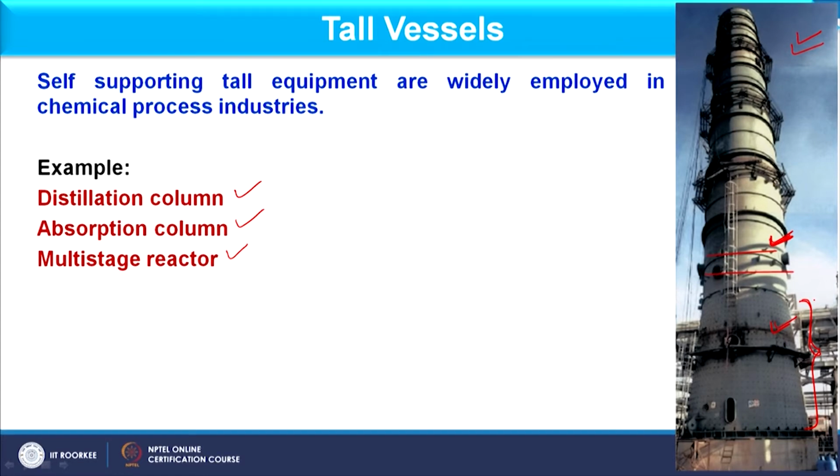So, if you see this image, here we have different components, like this section is basically the ladder, right, and if you focus on this section as well as this section, this we call the platform which is available around its outer periphery, so that people can reach there for maintenance purposes, etc. Right. So, in this way we consider different components in self supporting tall equipment, and all these components will be considered while designing these vessels, right. But as far as designing is concerned, we will only focus on the mechanical aspect of this.